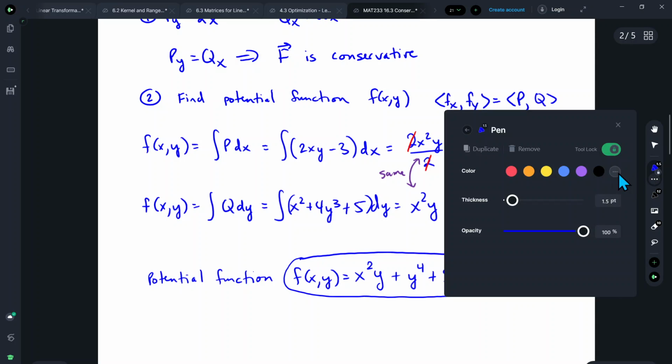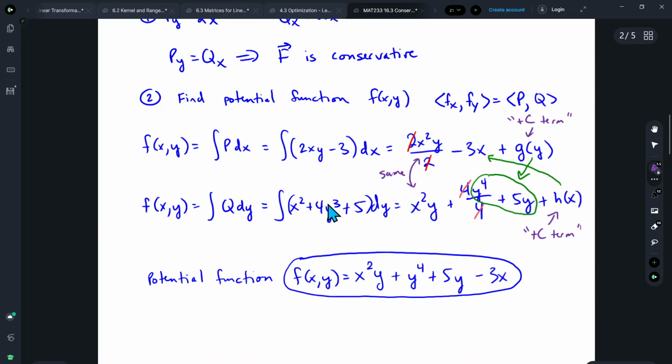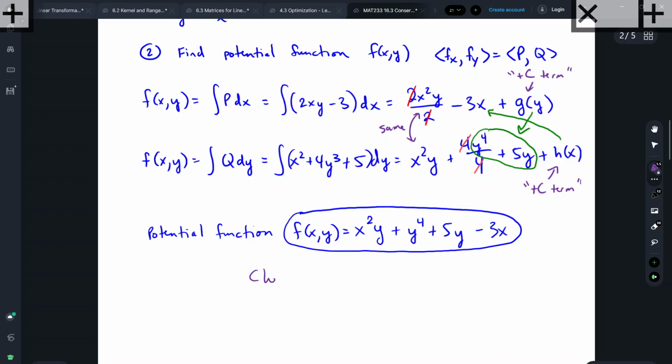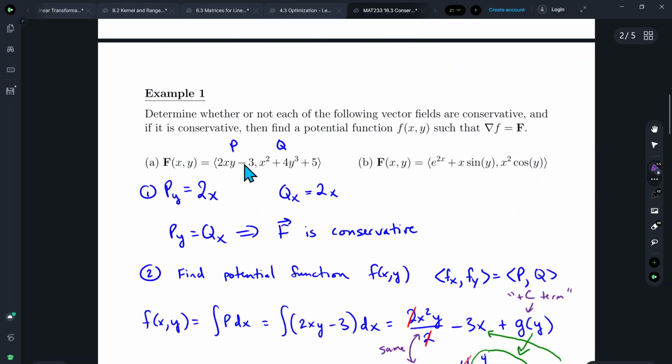And as always, you can check to make sure that these calculations are correct by checking that the partial of f with respect to x is equal to p, and the partial of f with respect to y is equal to q. Right, so if you take the partial of f with respect to x, what do you get? 2xy minus 3, and that's exactly p.